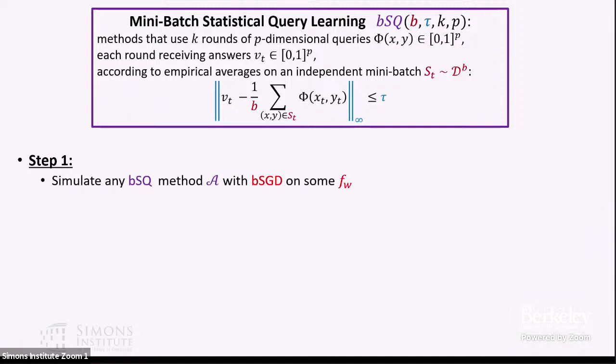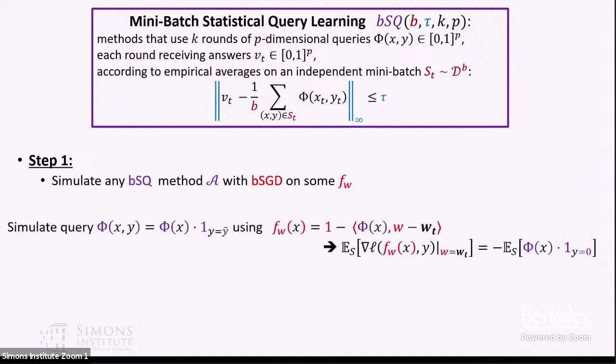The core of what we want to simulate is statistical queries, and that's kind of easy. A gradient is already a statistical query. The answer to a mini-batch gradient is already a statistical query. We just have to be able to encode any statistical query that we want.